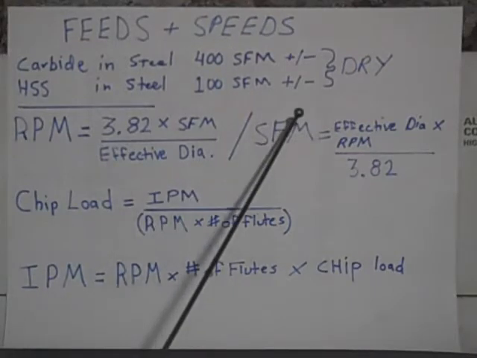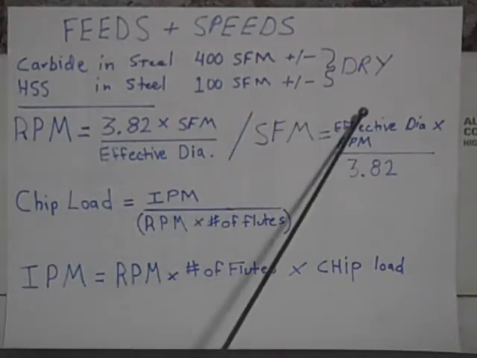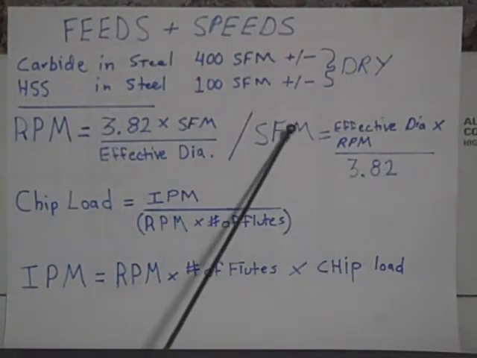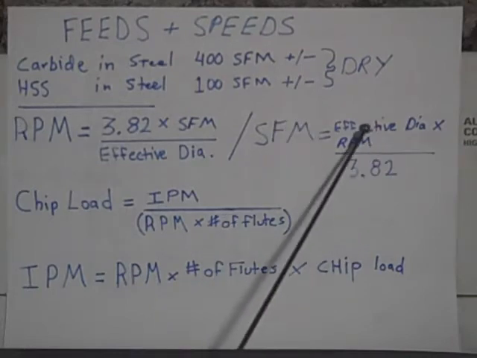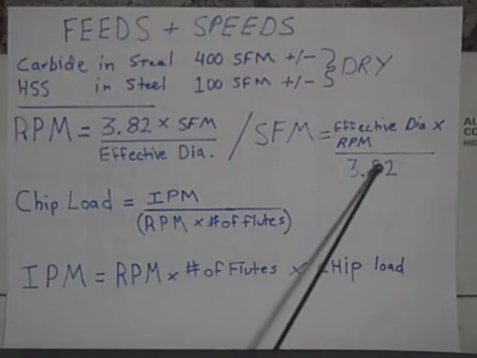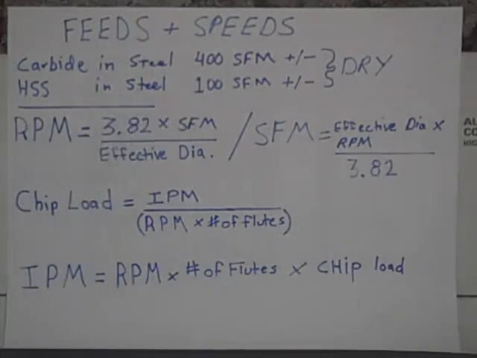If you know the diameter you're using, and you know the RPM you're using, and you want to know if you're around the surface feet per minute you want to be in, you take your effective diameter times your RPM you're running, divided by 3.82. It's pretty much just the opposite of what the RPM was.